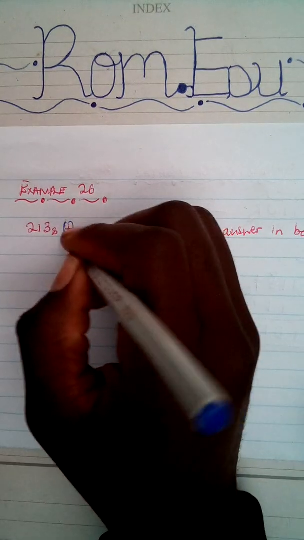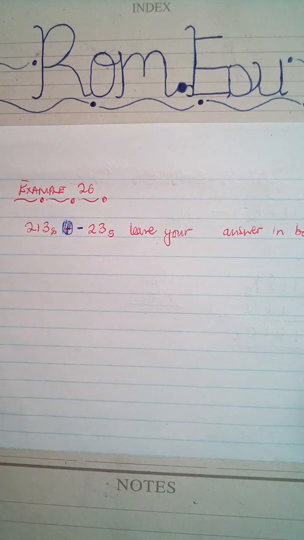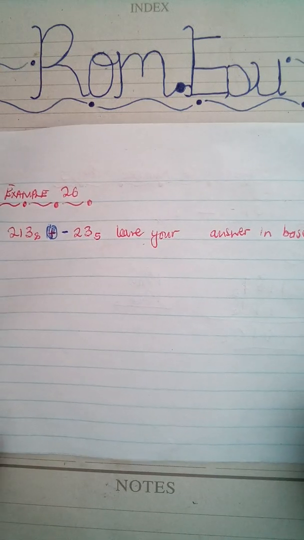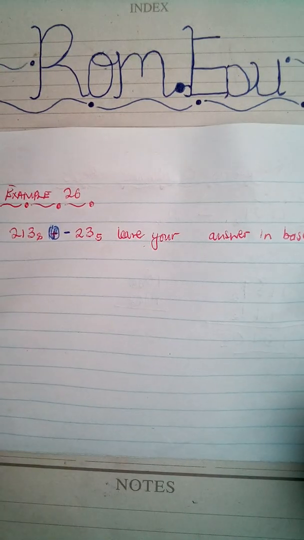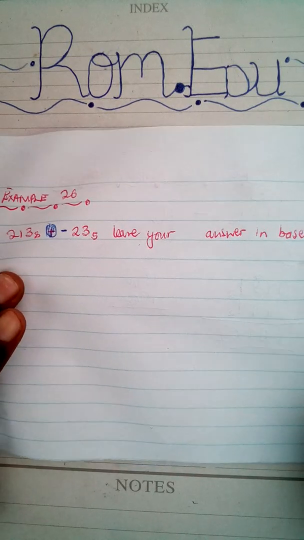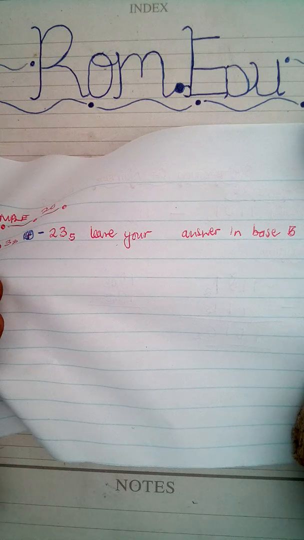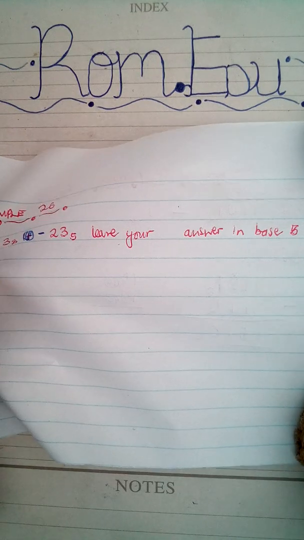So let me rub it. So 213 base 8 minus 23 base 5. They asked to leave the answer in base 8, right? So let's do that one together.